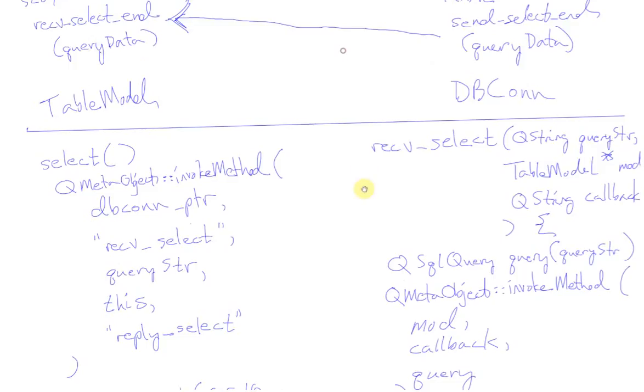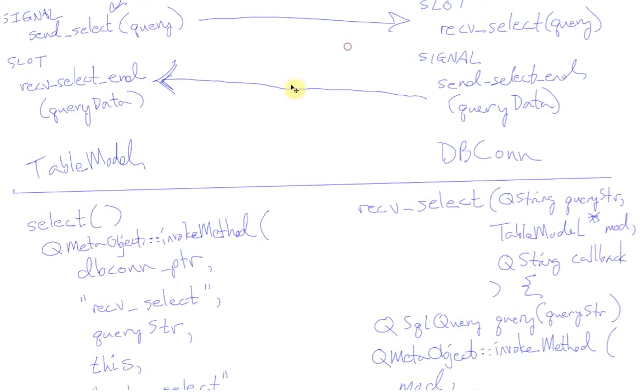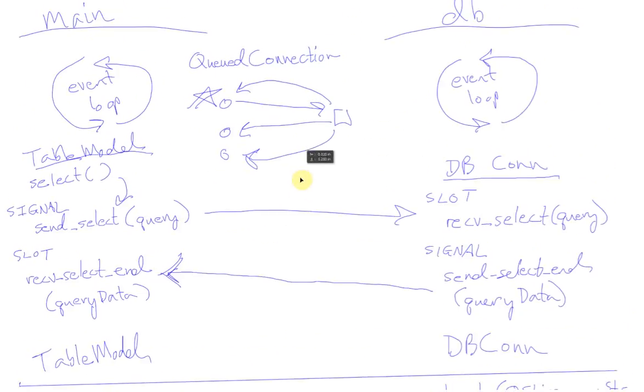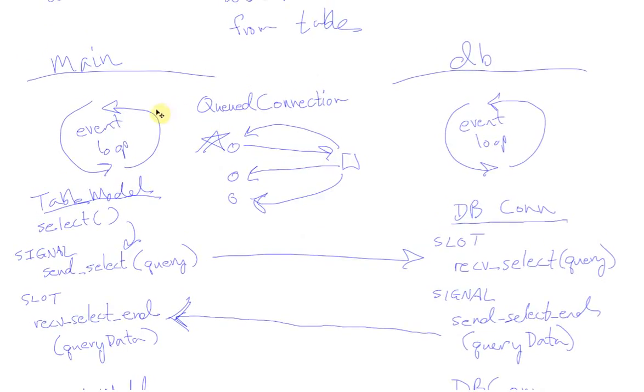The way that this cross-thread messaging works is you send the message for the function to call, and it is put into a queue.